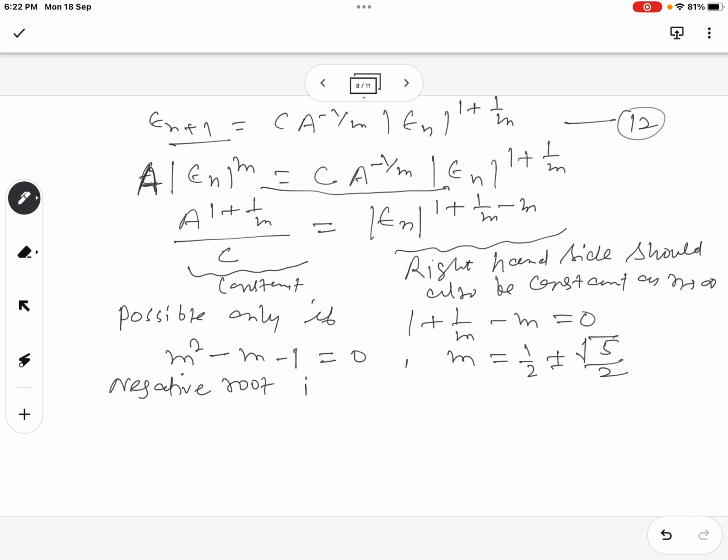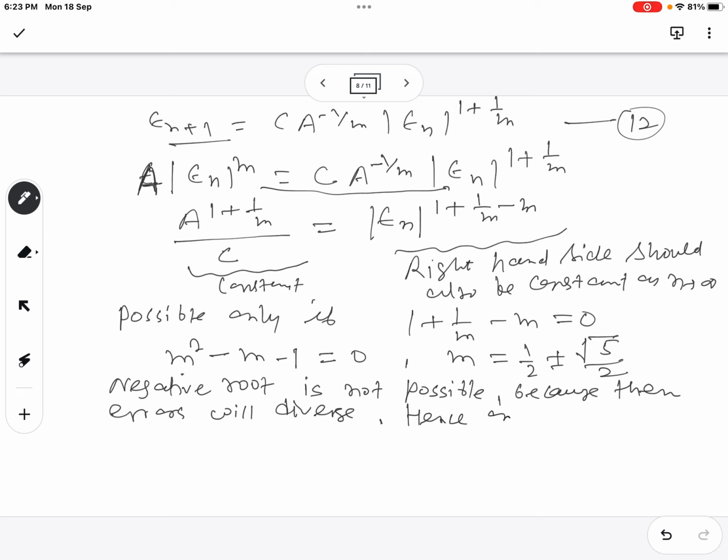Now the negative root is not possible, because then errors will diverge, and so the positive root is chosen.